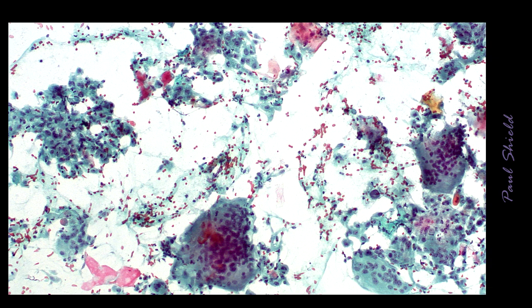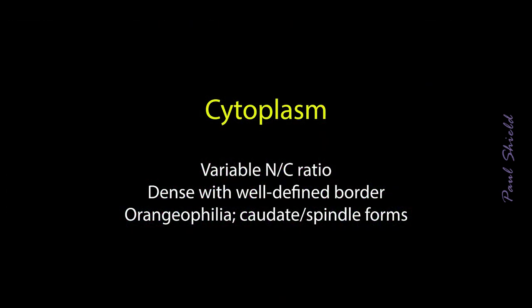So cytoplasm shows variable NC ratio, sometimes quite low in those well-differentiated keratinized cells. Usually, however, it's that squamoid feature of dense cytoplasm, so no vacuoles, and well-defined cell borders. Orangiophilia should be very common as well.